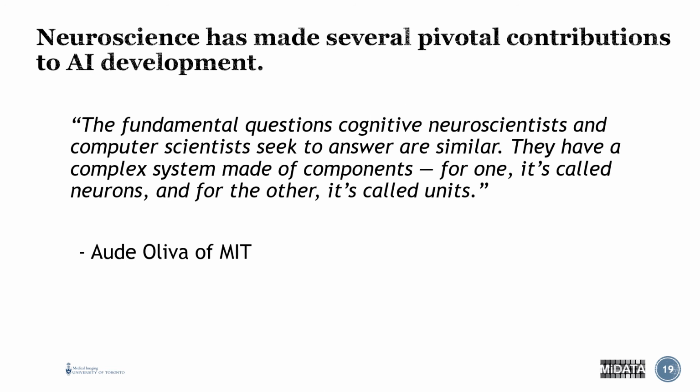Neuroscience has made several pivotal contributions to AI development. A researcher from MIT, Aude Oliva, stated that the fundamental questions cognitive neuroscientists and computer scientists seek to answer are similar. They have a complex system made of components. For one, they're called neurons, and for the other, they're called units.